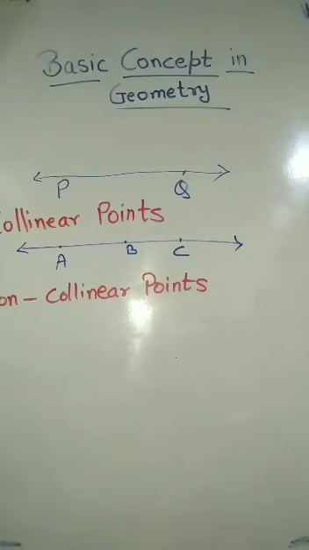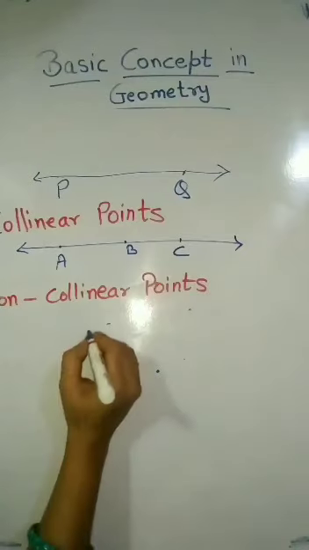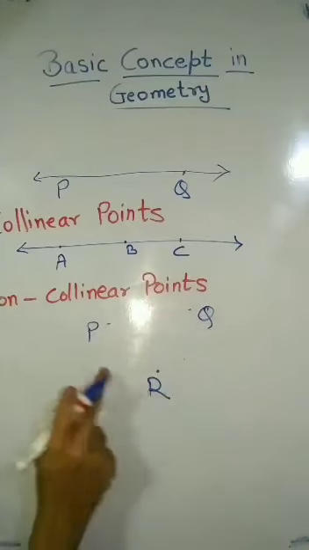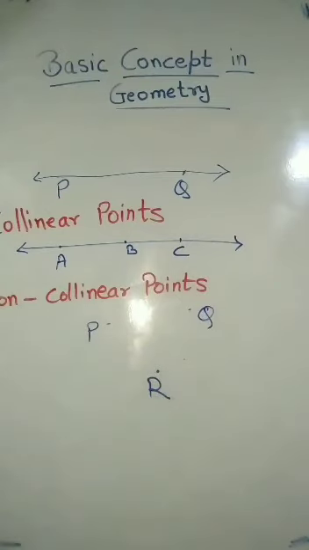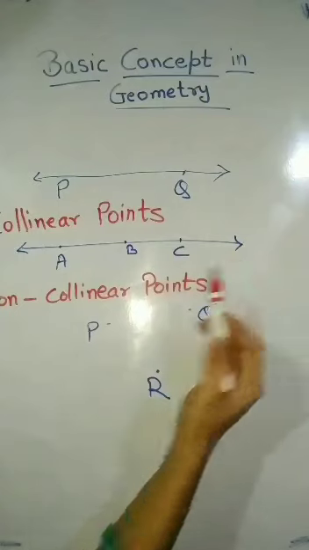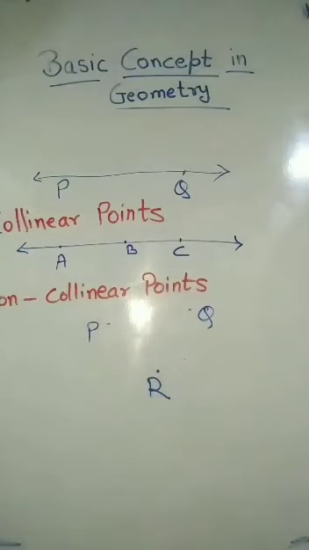If I say here are the points, point P, point Q and point R, and they are not lying in one line, then points P, Q, R are called the non-collinear points. So it is clear, collinear and non-collinear points. Collinear means lie in the same line, in one line, and non-collinear means not lie in one line.